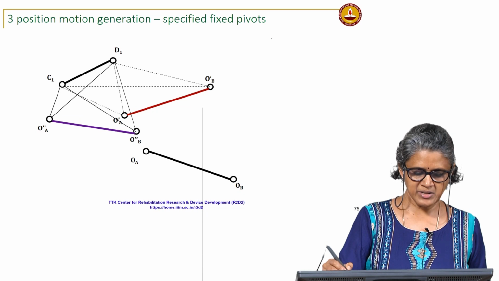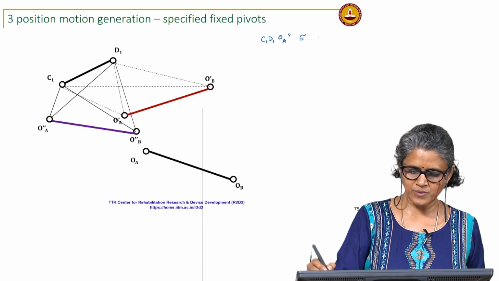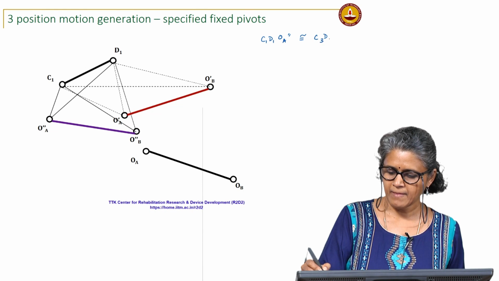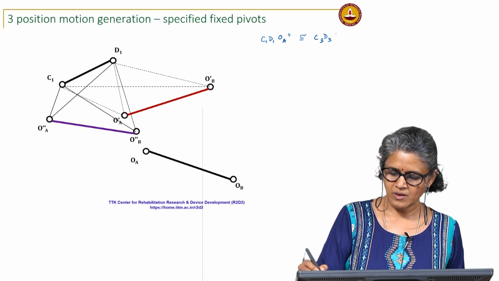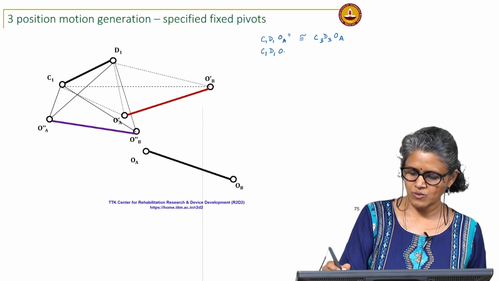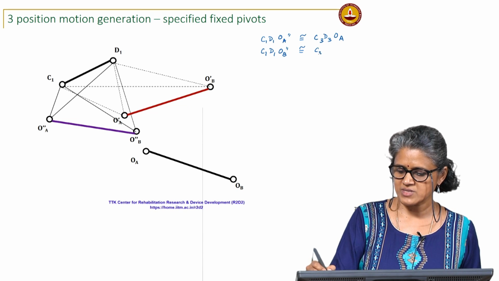So, OA double dash OB double dash will be from triangle C1 D1 OA double dash is congruent to C3 D3 OA, and C1 D1 OB double dash be congruent to C3 D3 OB. Okay.